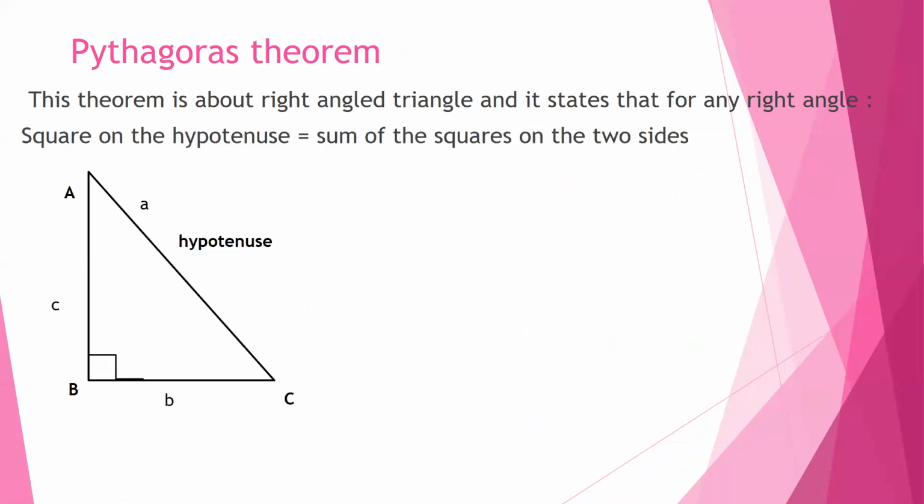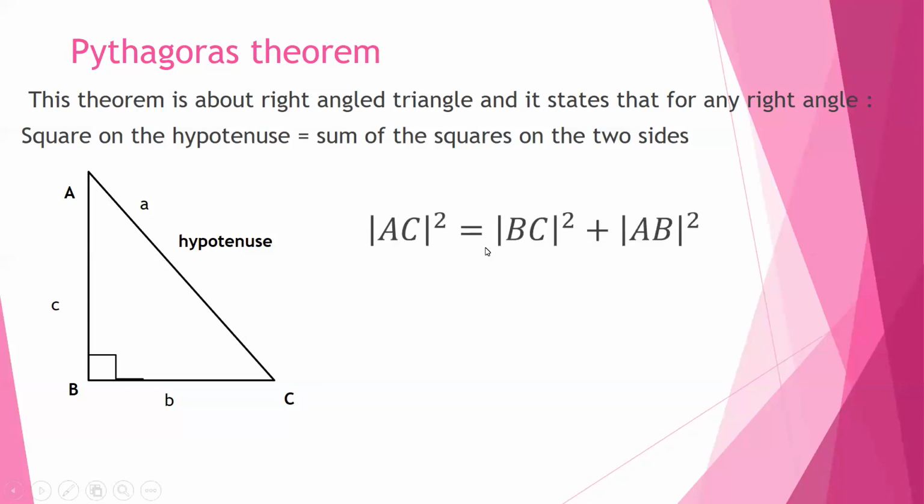The Pythagoras theorem says that the square on the hypotenuse, the longest side of the triangle, is equal to the sum of the squares of the two other sides.